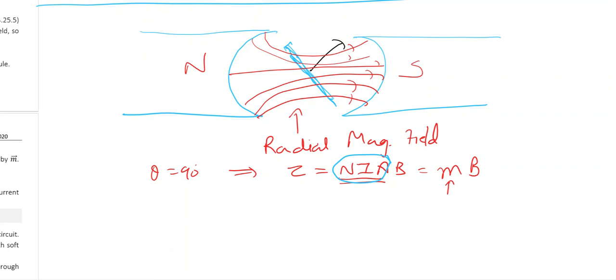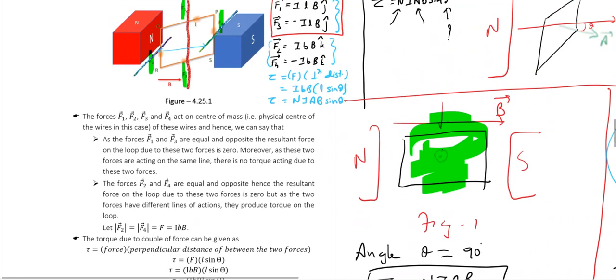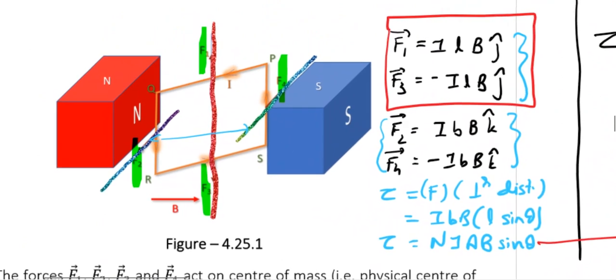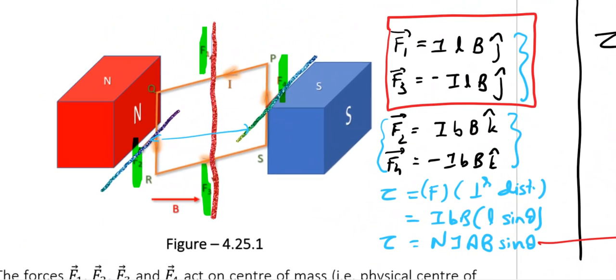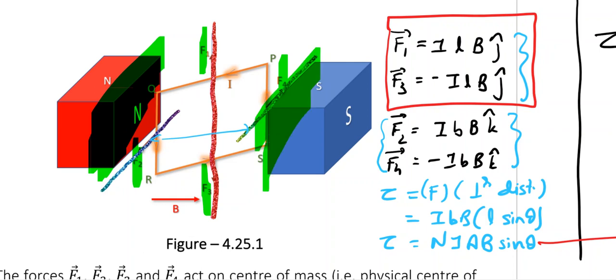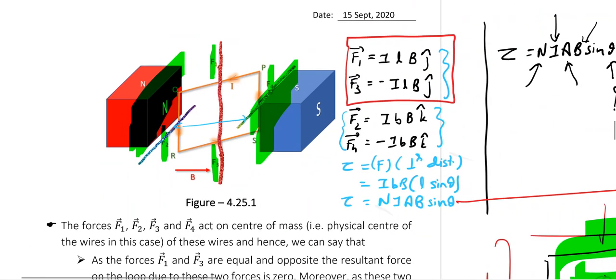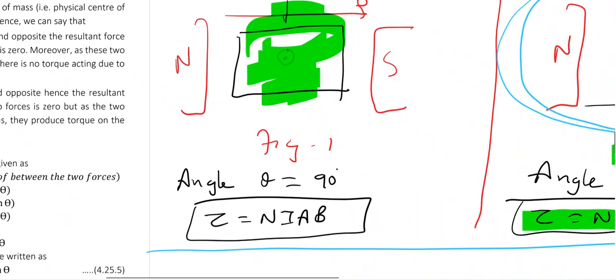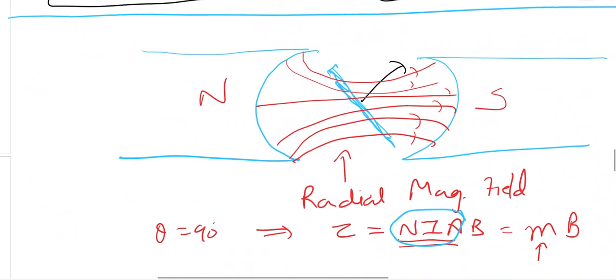So in a real-time situation, we have two differences as compared to this figure. The first difference is you don't have flat faces of the north and south poles. You have curved shape of the poles as shown here.